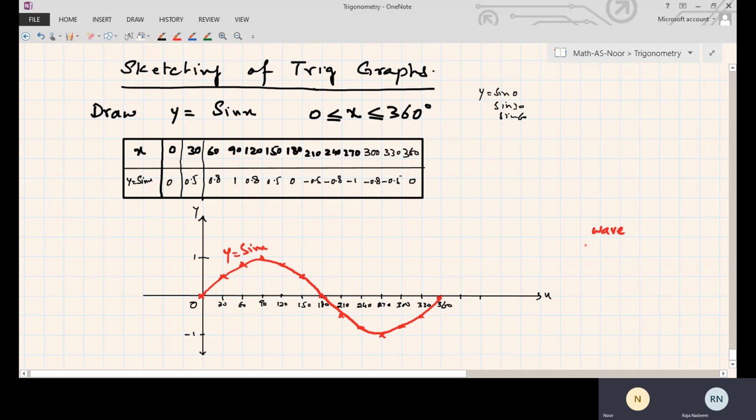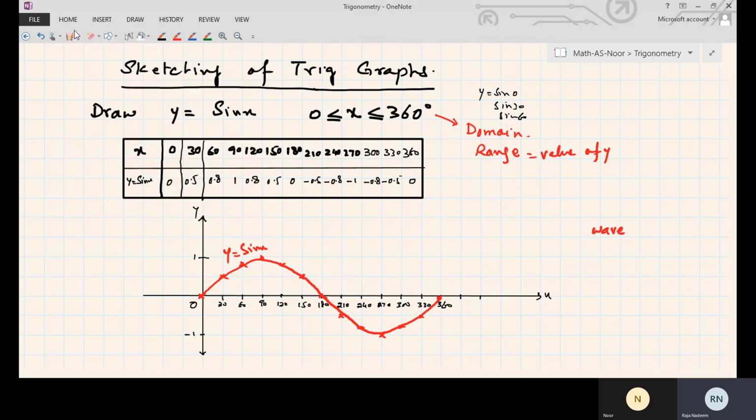All right. The first thing is this information is known as domain. We know that is the value of x. And range, range is the value of y. If you look at the graph, the maximum point of your graph on the positive side is +1, and the minimum value for the range on the graph is -1.